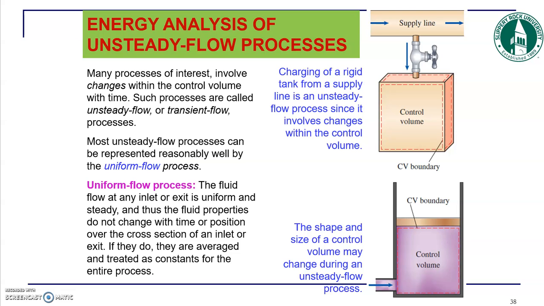So the right hand side of the energy balance equation or the mass balance equation is not zero for unsteady flow processes because we have energy change within our control volume with time. So time is a factor that affects the way we write the equations.